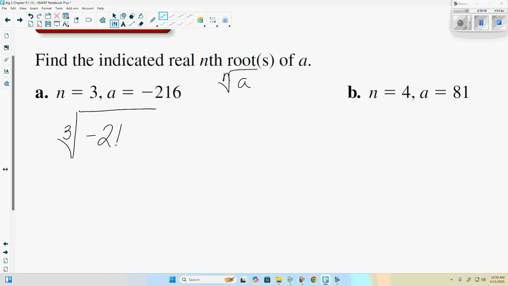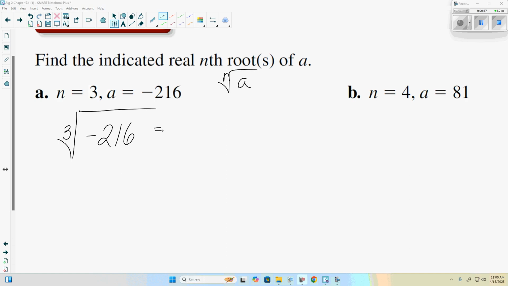The number inside is 216. So we don't have an x, we don't have a power with it, so that makes it a little bit nicer. Now, for this here, we have an odd root of a negative number. And according to what we just said, if it's an odd root of a negative number, we have one real root. So we have one number that works. So we're trying to figure out what times itself 3 times is negative 216.